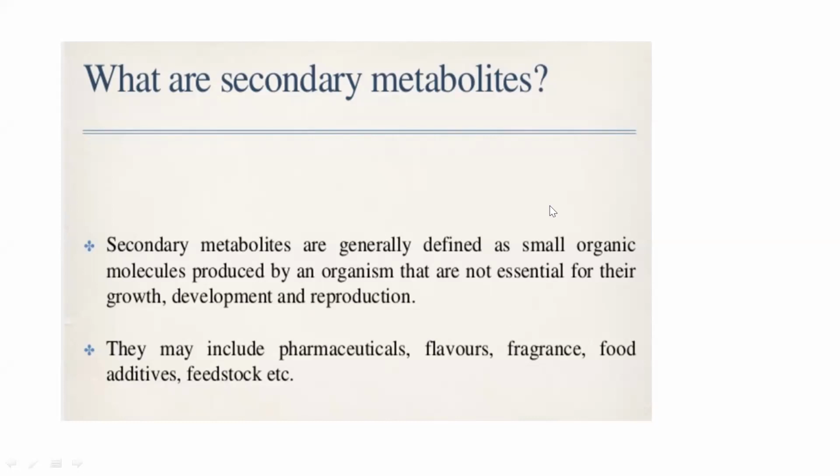They are generally defined as small organic molecules produced by an organism that are not essential for their growth, development and reproduction. So an extra kind of chemical compound is being produced by all plants actually, but some plants produce it in a large amount, which can be exploited for various uses for human development.